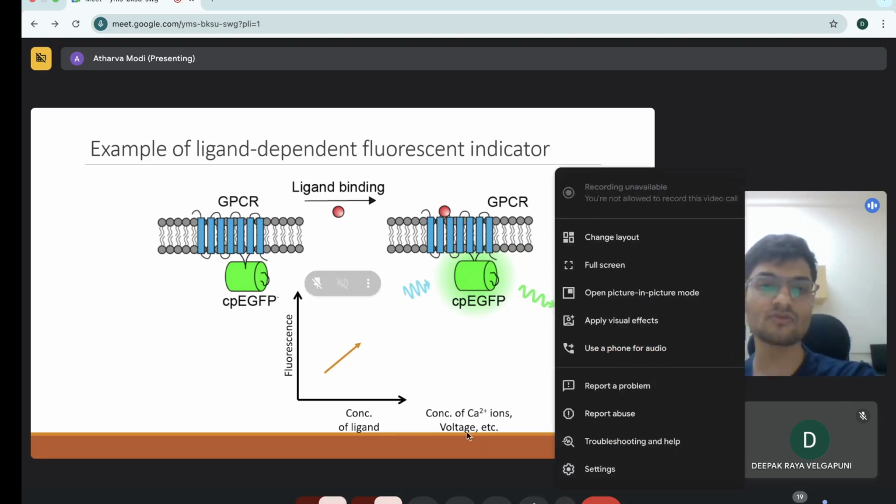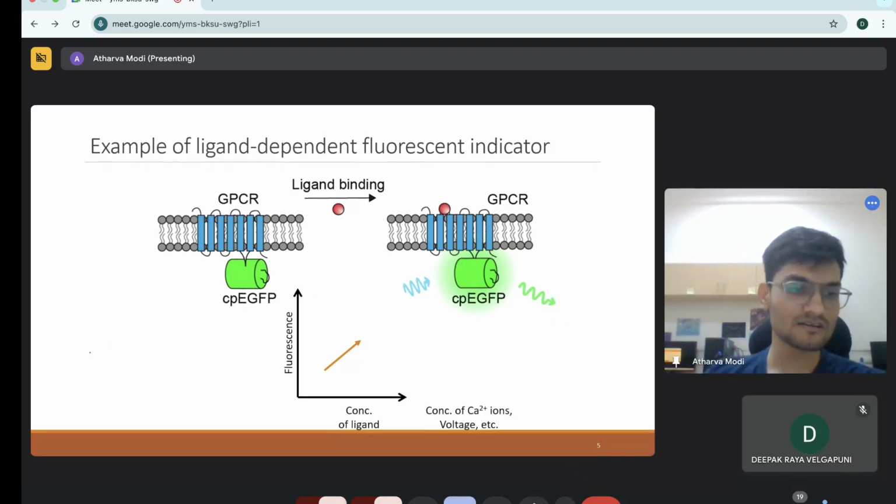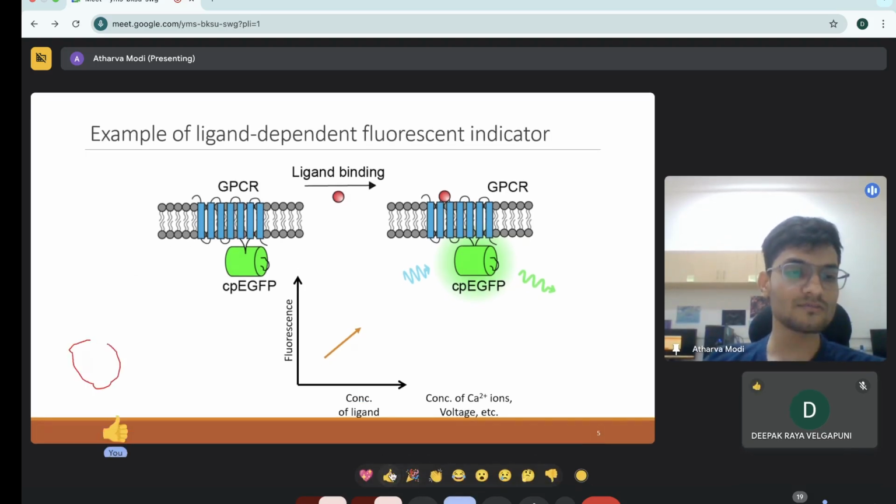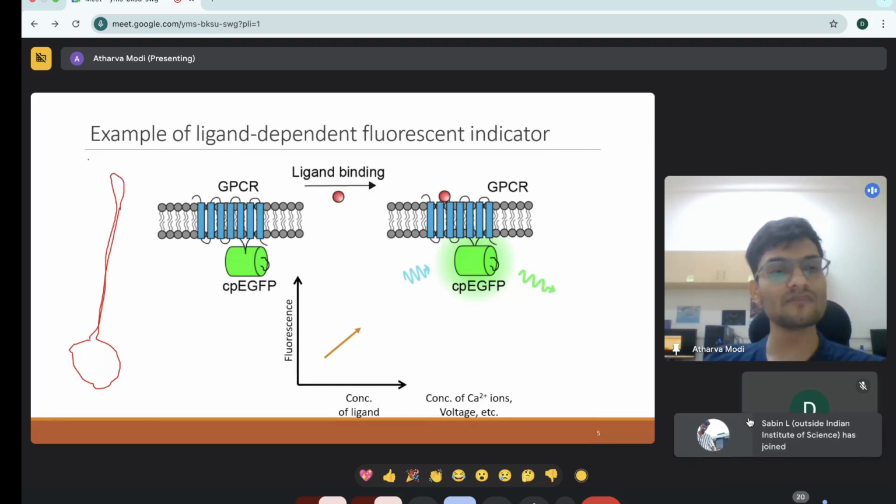If you have a neuron, it looks like this: this is the cell body and this is the axon. If you want to measure something here, then this receptor, this biosensor, should express here, not in the cell body.